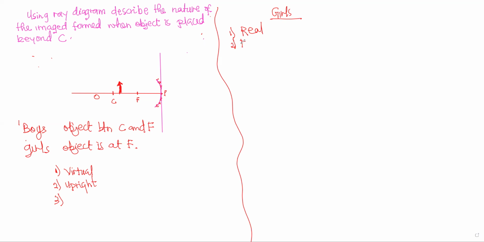Two, formed at infinity. Then say the image was inverted. Once it's real image, it will be inverted. And then my last one, it was magnified. Magnified. Asada, what did you also get? Please, I had the image to be real and was formed beyond the center of curvature. Okay.